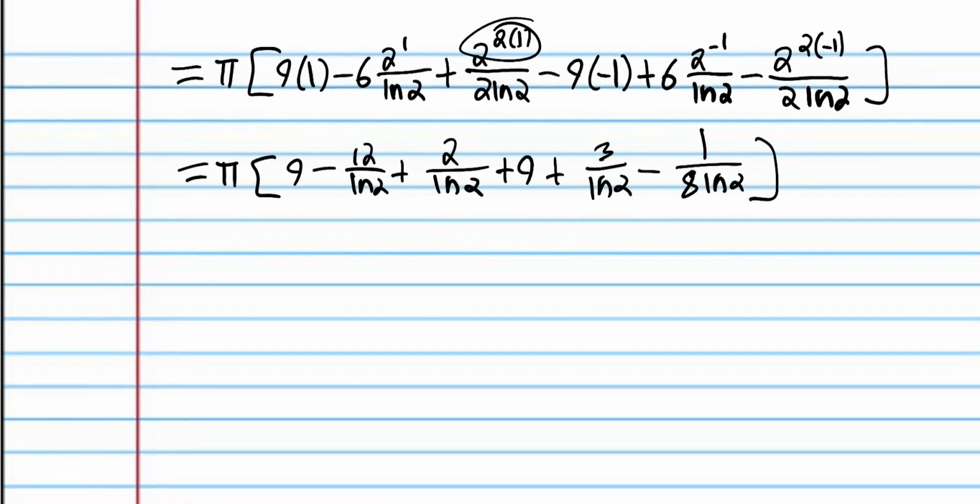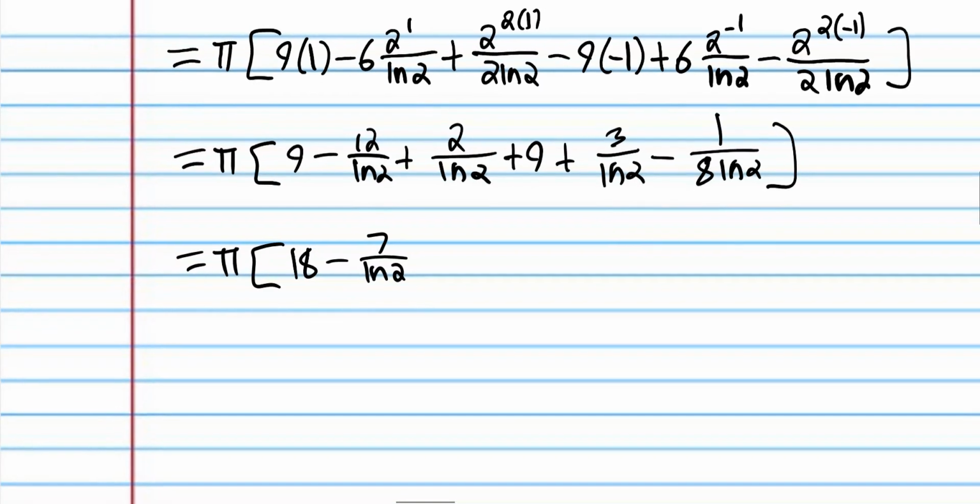2 to the 2 power is 4, divided by 2 is 2. So we're reducing. 9 plus 9 is 18. Combine these, you get negative 10 over natural log 2. Plus this is negative 7 over natural log 2.